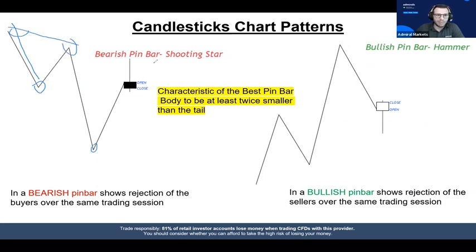And at some point here, maybe around the trend line resistance, or maybe the last swing in the market, or maybe a Fibonacci retracement area, the market will be rejected and we will see a bearish pin bar.